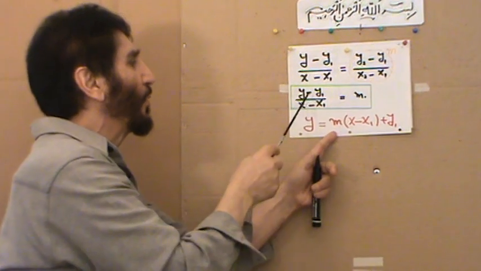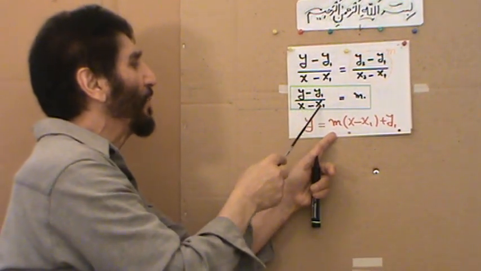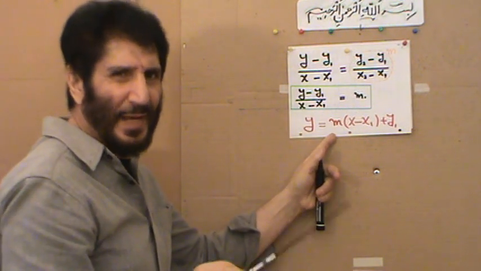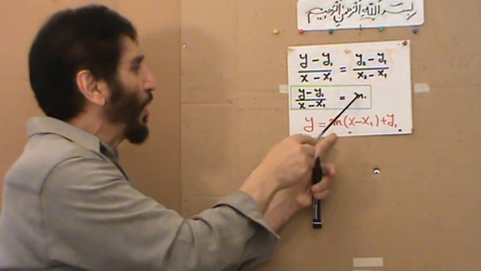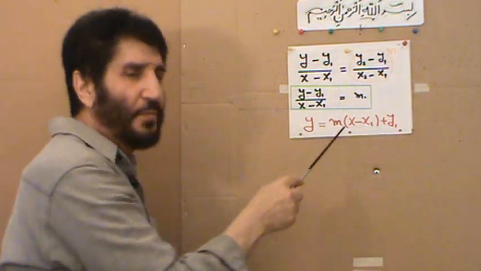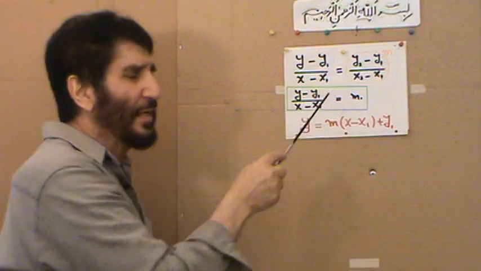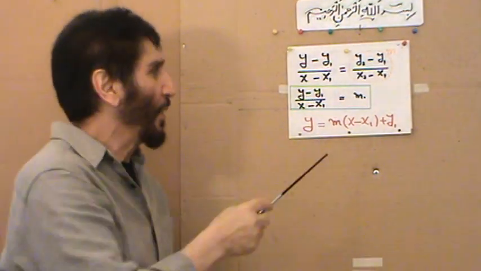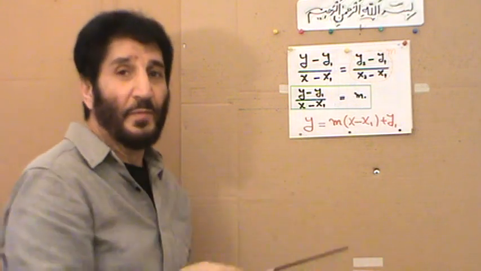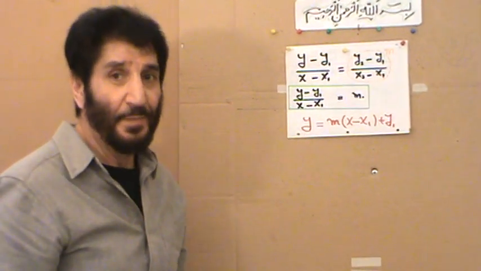That is M, so y minus y1 over x minus x1 equals M. Now, very elementary algebraic manipulation, I multiply both sides, and I come back with this formula, which is exactly the same as this, they are equivalent. But as I said, I put this one in the box because I like this form of the line to present it better.